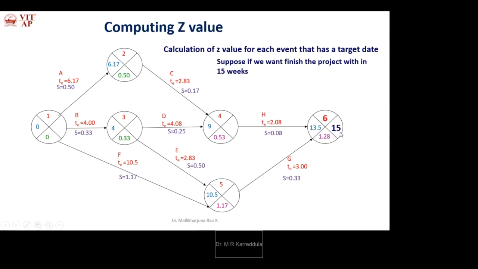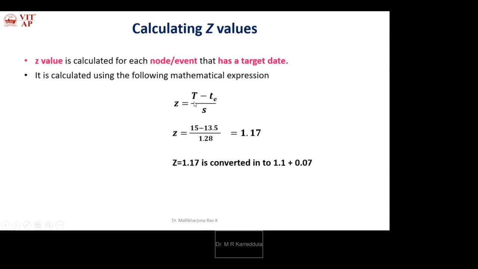The target date T is 15, minus the expected duration 13.5, divided by the standard deviation 1.28, which equals 1.17. The Z value is 1.17.